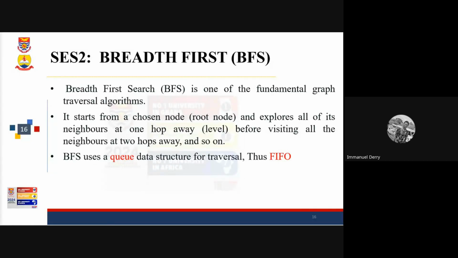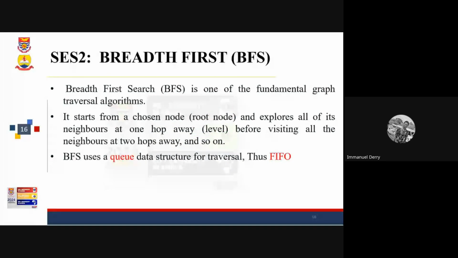So with the BFS, in short, it starts from a chosen node, and then we try as much as possible to explore all of its neighbors at one hop away, that is on one level, before visiting all the neighbors at 2 hops away.